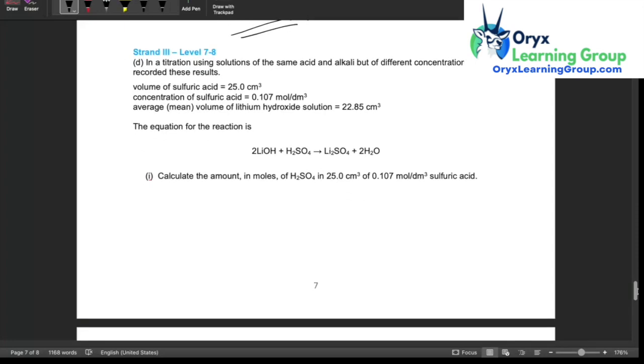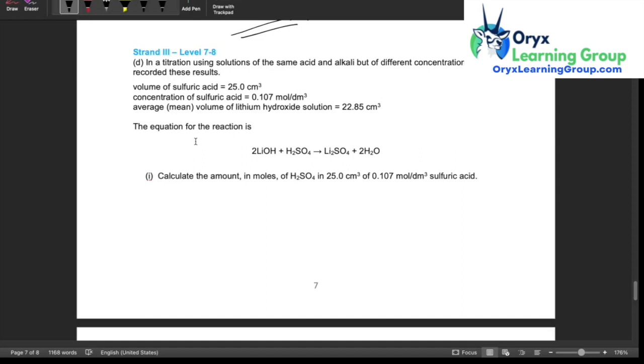In a titration using solutions of the same acid and alkali, but of different concentrations, she recorded these results. Volume of sulfuric acid is 25 centimeters cubed. Concentration is 0.107 moles per dm3. And the average volume of lithium hydroxide solution is 22.85 centimeters cubed.